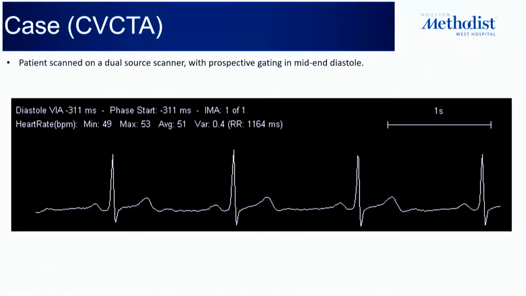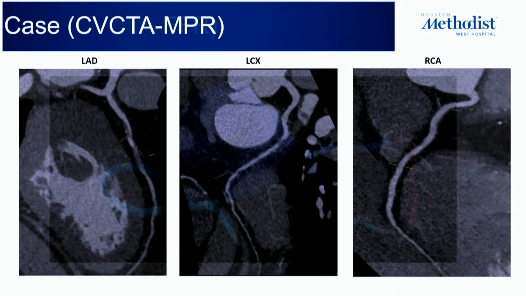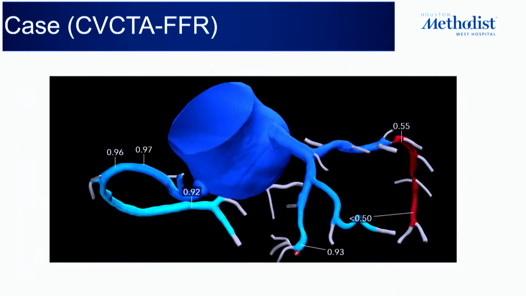Okay, so the CTA was done, and it shows marked abnormalities. You have mid-LAD severe stenosis. We have severe mid-circ stenosis and mild disease in RCA. And FFR was positive in the circ, and there is, if you see, a CTO or the loss of further demarcation for LAD.